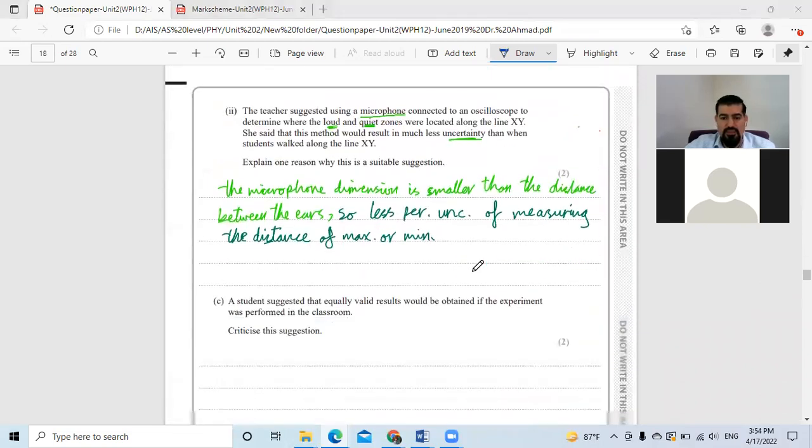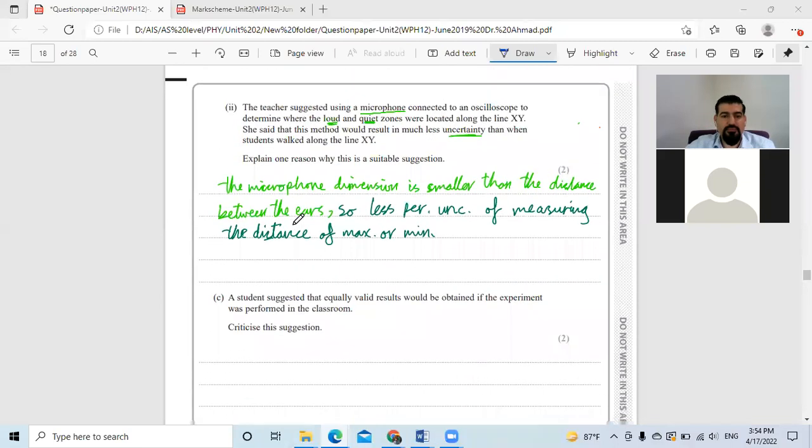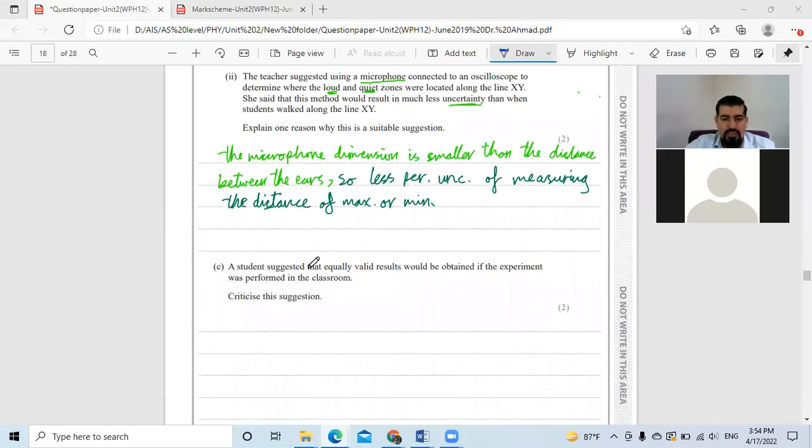Okay. Next, part C. What do they ask in part C? The students suggest that equally valid results would be obtained if the experiment was performed in a classroom. Criticize this suggestion. If we do that in a classroom, not in an open area, there will be an echo.